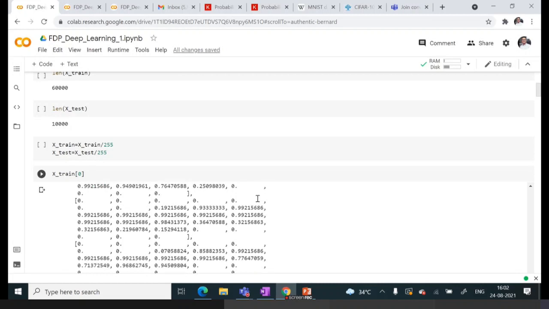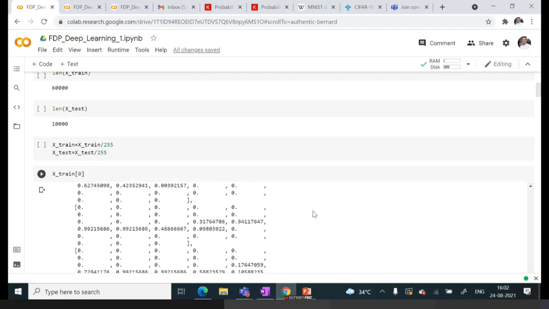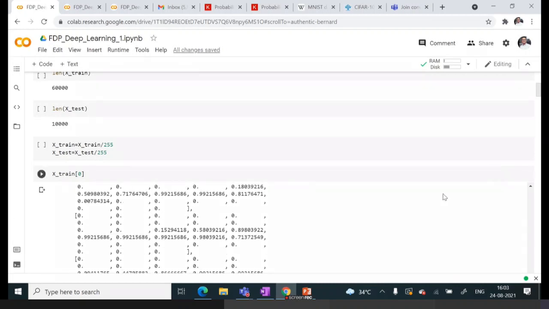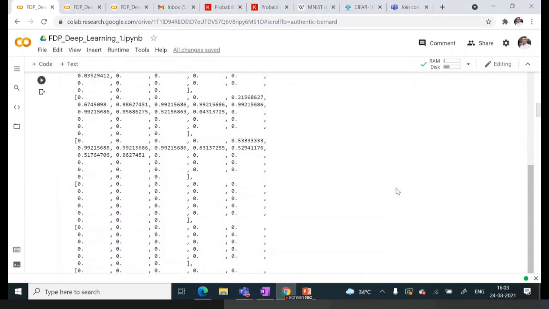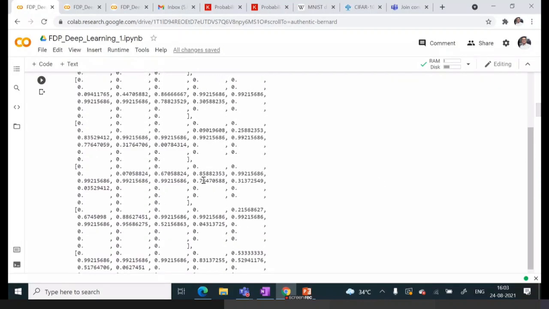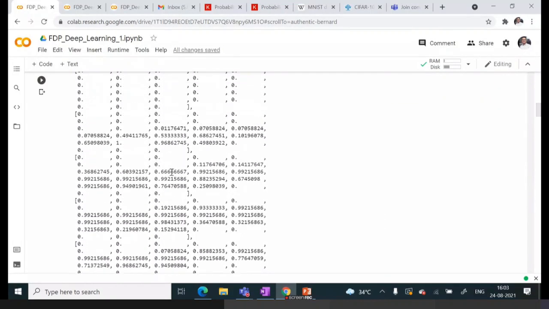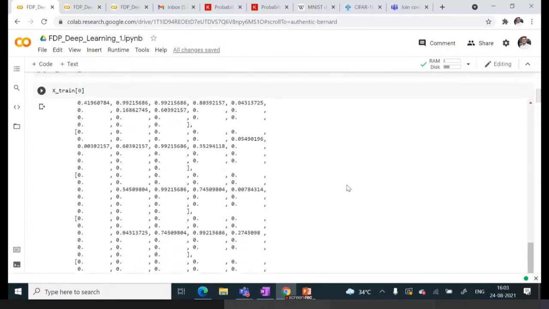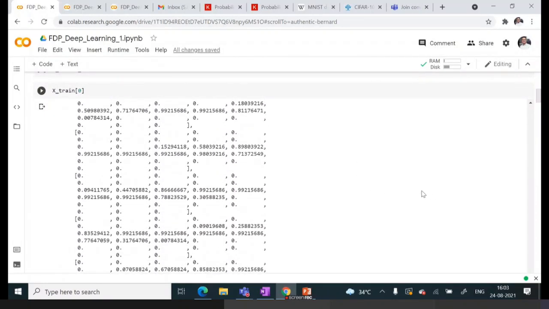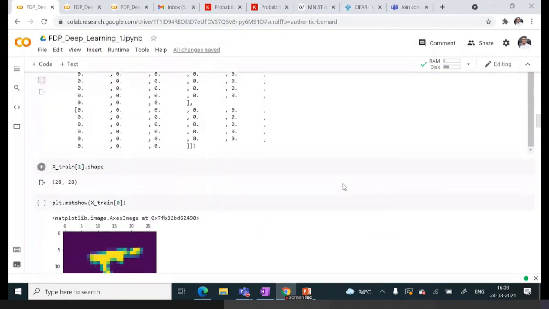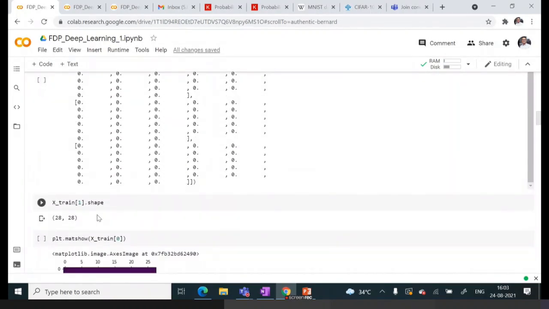As you can see, a total of 784 different values appear for a single image, because the image size is 28 cross 28, right? Fine. So this is just setup. We haven't done anything new here. And if we check the shape of the image, you can see it's 28 cross 28.